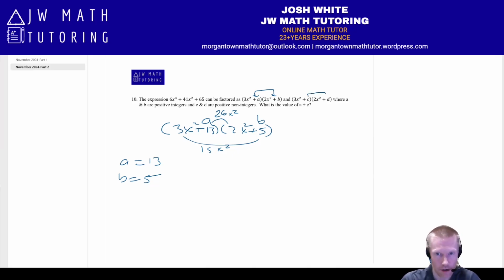There might be other methods, but this is the only way that I've figured out. Basically, here, and I'm going to focus on using C and D, okay? We know that C times D has to equal 65 just because of the way the FOIL works out, right? The last two terms. And we also know that 2 times C plus 3 times D has to add up to 41 because the inner and outer terms together basically make the middle term here.